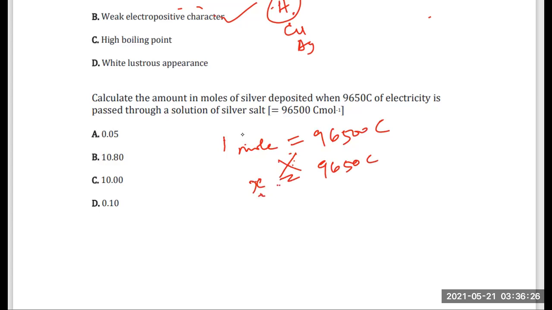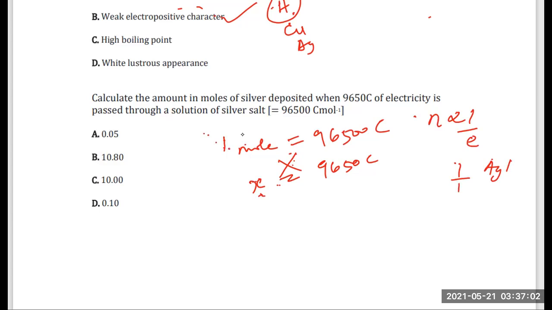Don't forget 1 Faraday discharges 1 mole of electron. If it is not silver, we can use the second law to know that the number of moles is inversely proportional to the electron charge. But in the case of silver, it's going to be 1/1. So that's why I can have that 1 mole easily. 1 mole of electron will be discharged in the case of silver. If it were copper, it's not just going to be 1 mole.